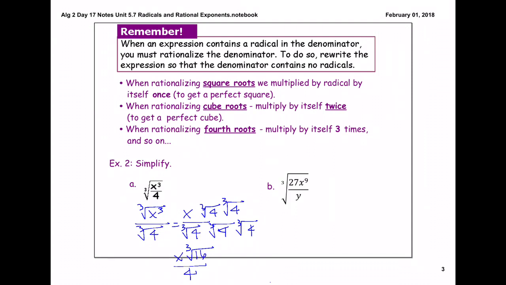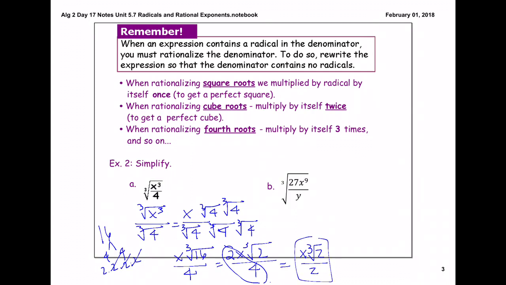We can use our factor tree to simplify 16. 4 times 4, 2 times 2 times 2 times 2. We can pull 1 two to the outside, so we have 2x times the cube root. We leave 1 two underneath because we didn't have enough, all over 4, and we can simplify one step further by reducing 2/4 to 1/2. So we get x times the cube root of 2 all over 2.